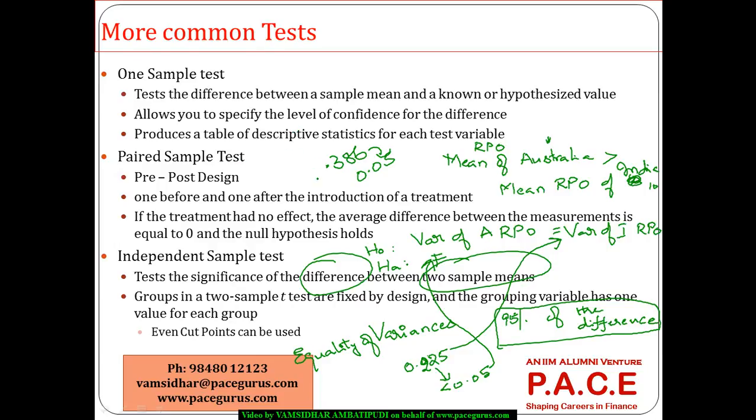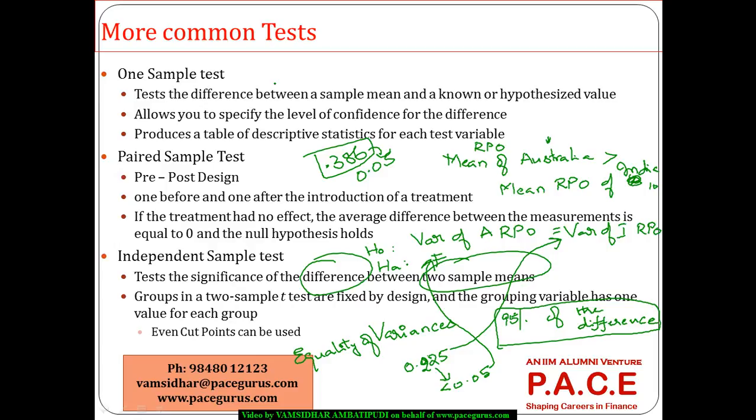But if it is greater than 0.05, just like what we got right now, I cannot reject the equality at 95% level of confidence, which means I'm going ahead saying that there is no significant difference between the means of Australia as well as India as far as the runs per over is concerned.